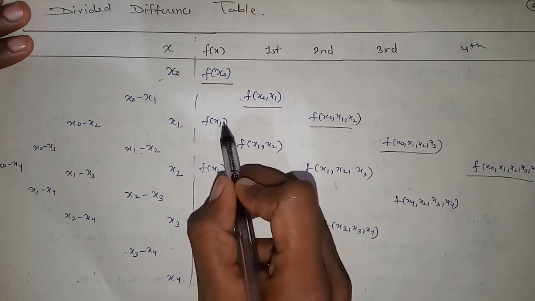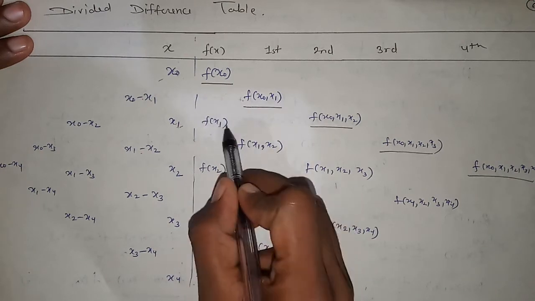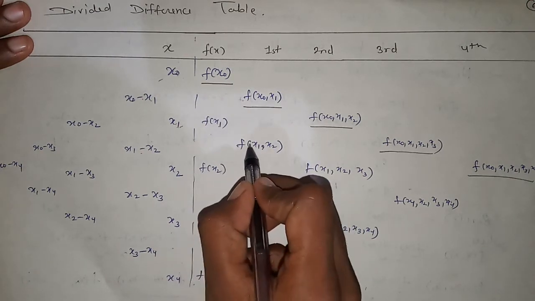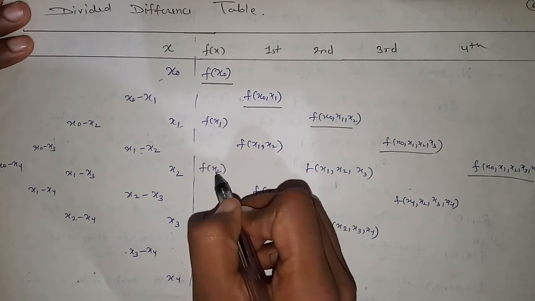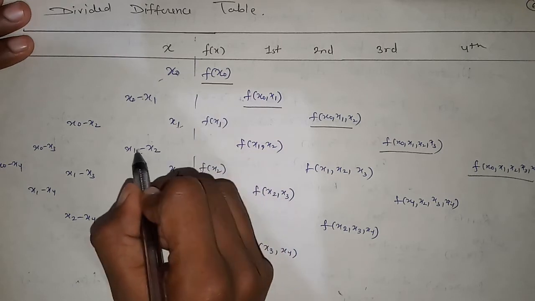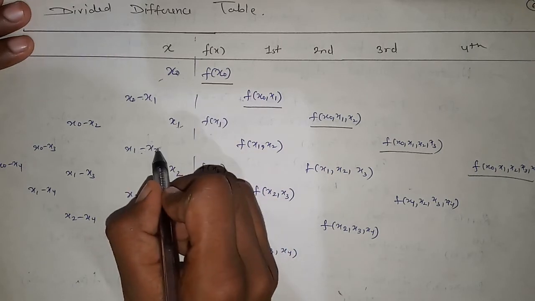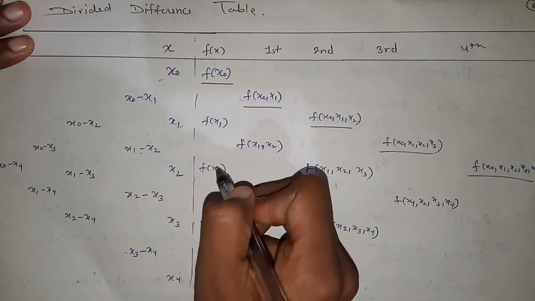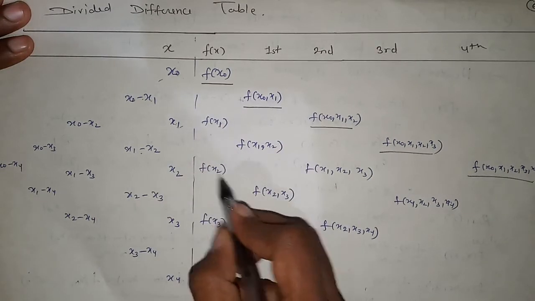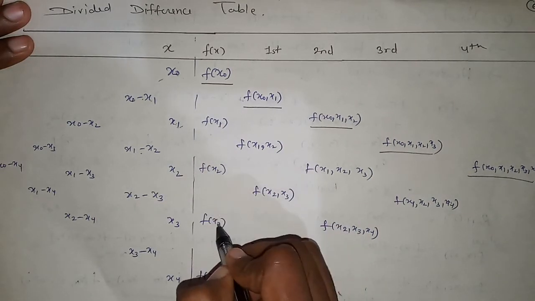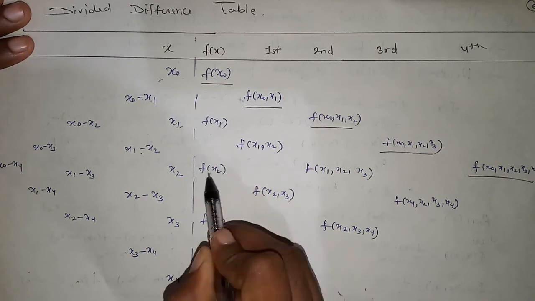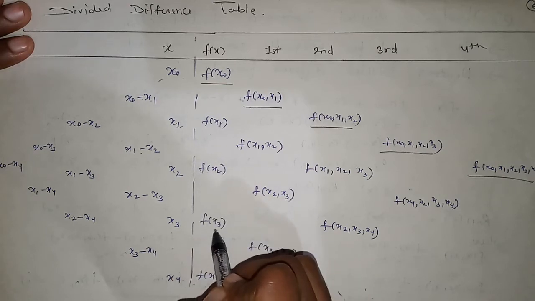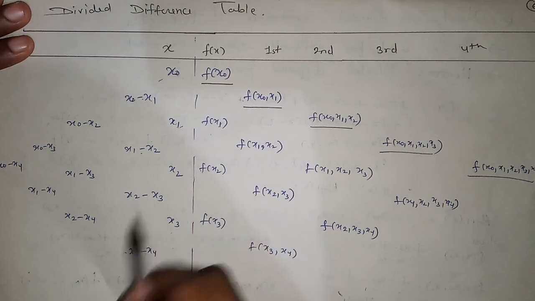For this, x1 and x2 are on the left, so this is the difference of x1 and x2. So f(x1) minus f(x2), just see the straight line, divided by x1 minus x2. The difference of these is divided by this. Now f(x2, x3) is in the middle of f(x2) and f(x3), given by f(x2) minus f(x3) divided by x2 minus x3.